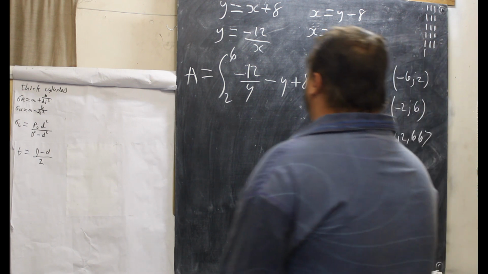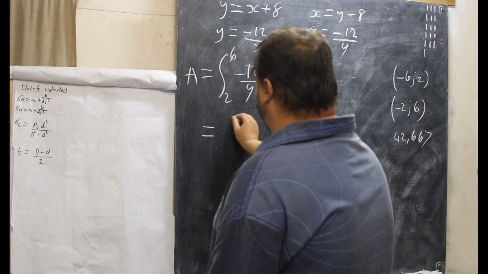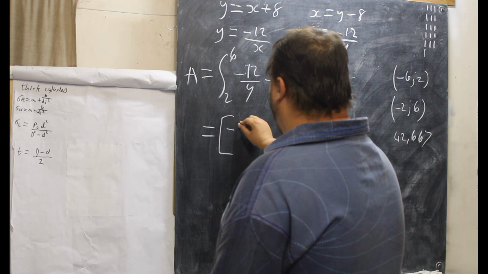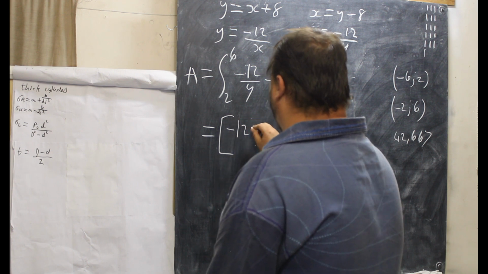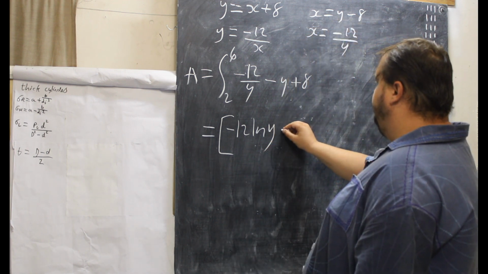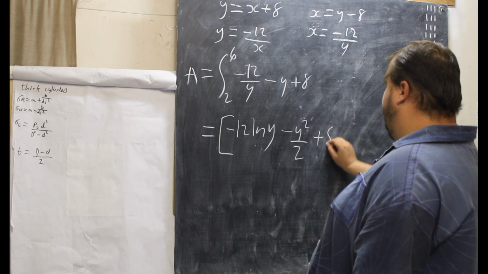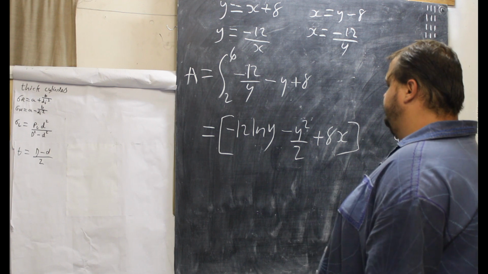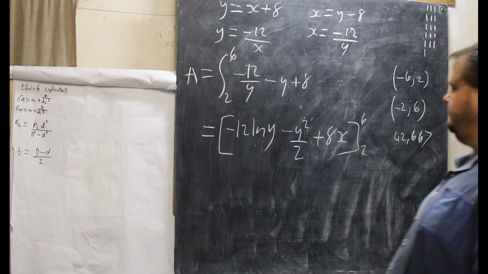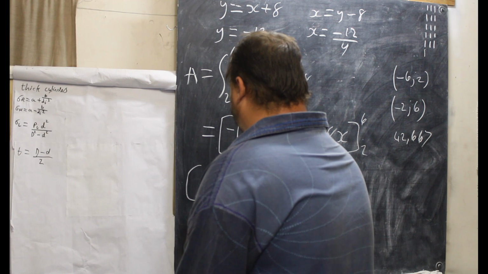So, this will equal minus 12 ln y minus y squared over 2 plus 8y, from 2 to 6. Next step is we put in our values.